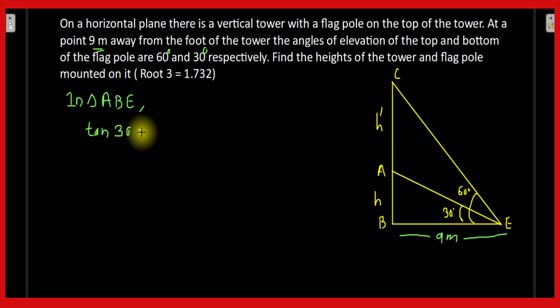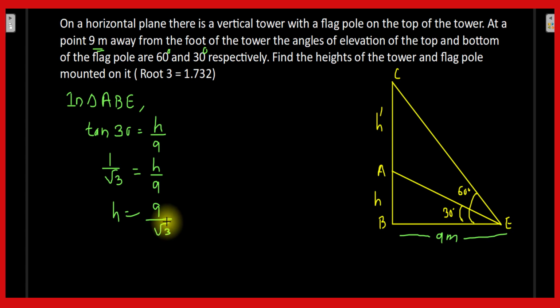Opposite is H, adjacent is 9 meter, so tan 30 is H upon 9 meter. The value of tan 30 is 1 upon root 3, which is equal to H upon 9, and therefore H is equal to 9 by root 3. The value of H we are getting, that is the height of the tower, is 9 upon root 3.